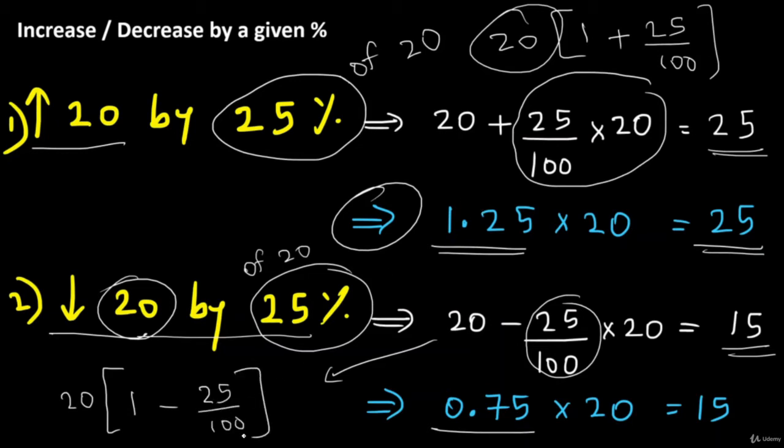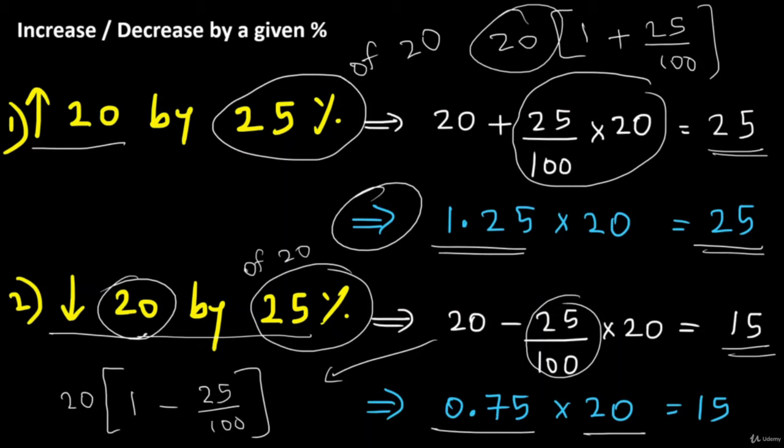And 25 by 100 is equal to 0.25. So 1 minus 0.25 gives you 0.75. So 0.75 into 20 gives you 15. Alright, so we have seen that if you want to decrease 20 by 25%, you just need to multiply 20 with 0.75, and that is 1 minus 25%, or 1 minus 25 by 100.